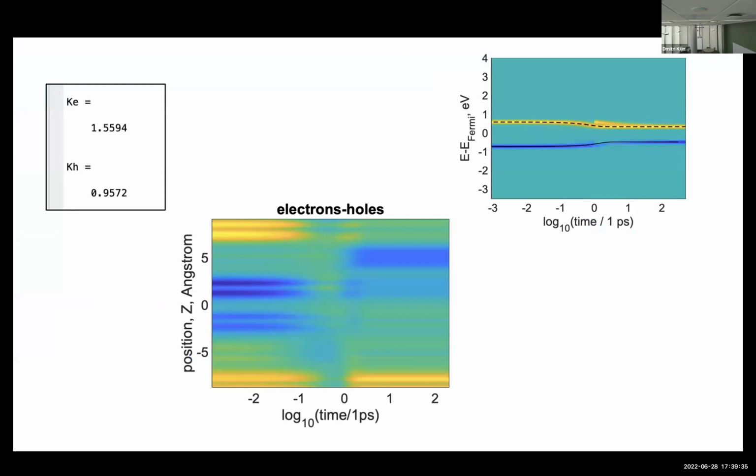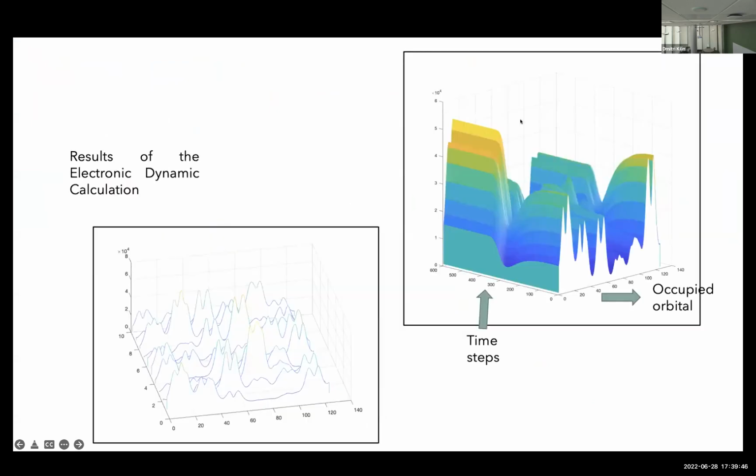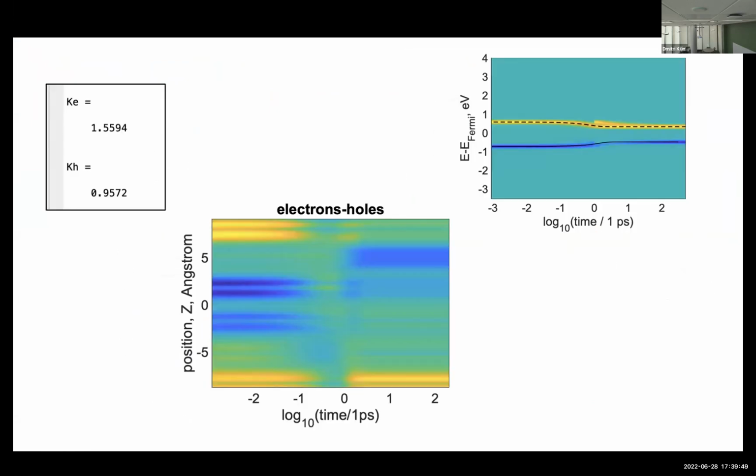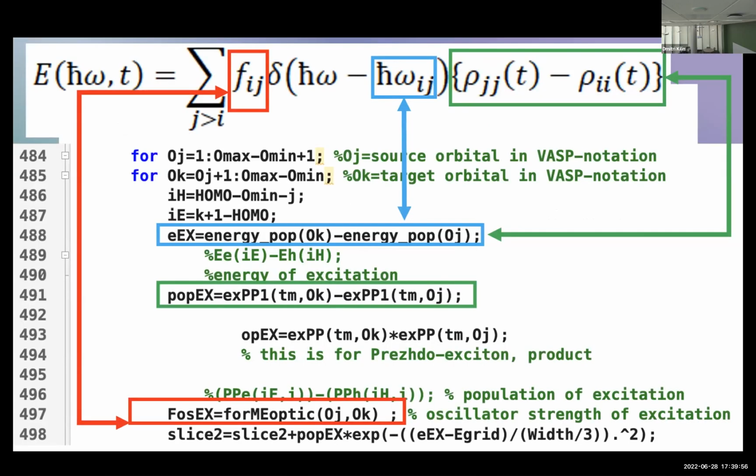Okay. So once the dynamics is done, the data for occupations of the orbitals in the valence band and conduction band need to be merged with oscillator strengths in the right way. So here are a couple of lines of the code that implement the equation on top.